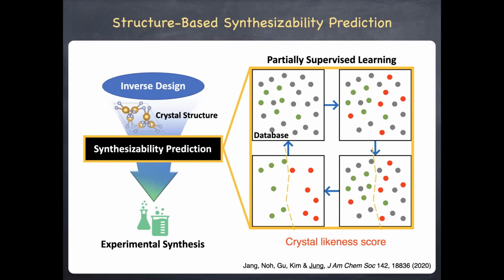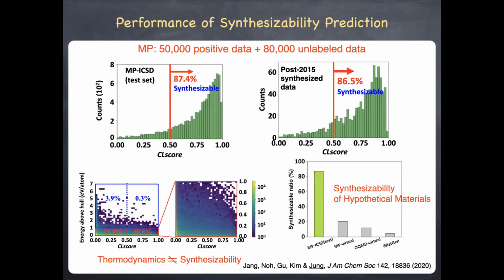But if the material has not been synthesized, hypothetical data, then that does not necessarily mean that it's not synthesizable, because later on it may be still synthesized. So basically, we only have the positive data, and the rest of the data are unlabeled. So we need to do some kind of iterative learning.